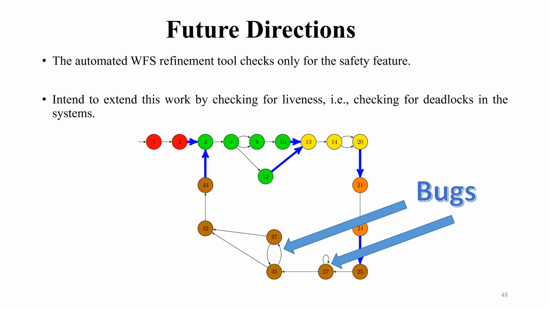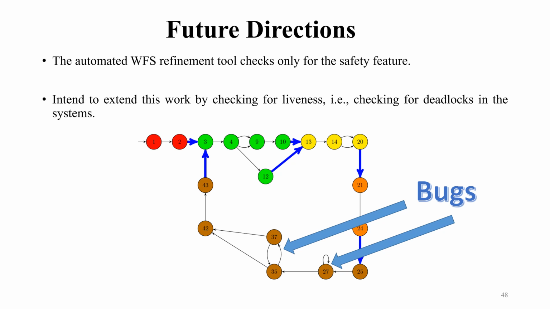Future directions. We have used the automated WFS refinement tool to check only for the safety feature, but sometimes the control software could have other kinds of bugs like deadlock bugs. So it is intended to extend this work for checking for liveness, which is checking for deadlocks.